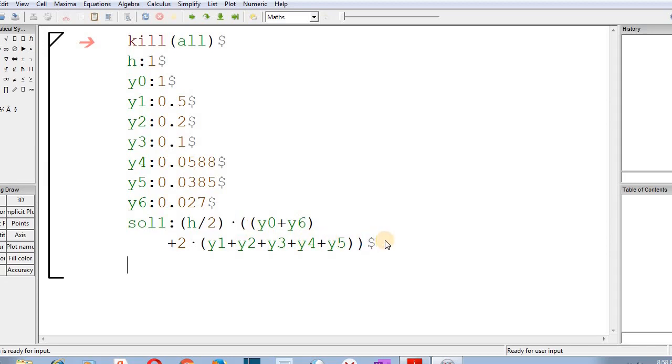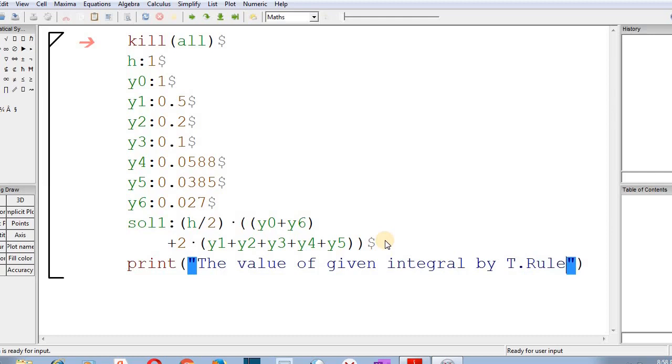Now I will print this calculated value. Print, in bracket. Okay, I will remove this. In this bracket I have to write the value of the given integral by trapezoidal rule is equal to, what is that? It has been taken as solution 1.